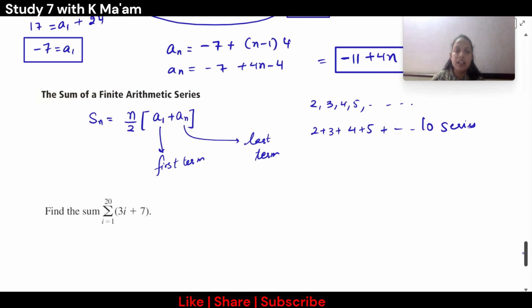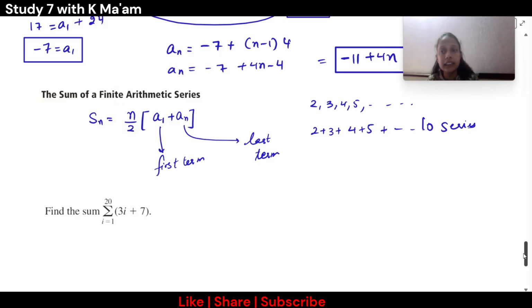Summation i equals 1 to 20 of 3i plus 7. This is an arithmetic sequence. How can I say?